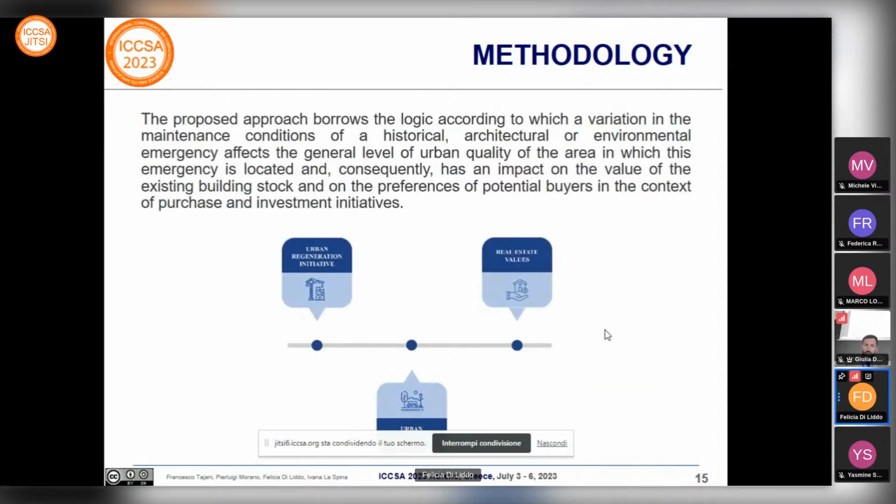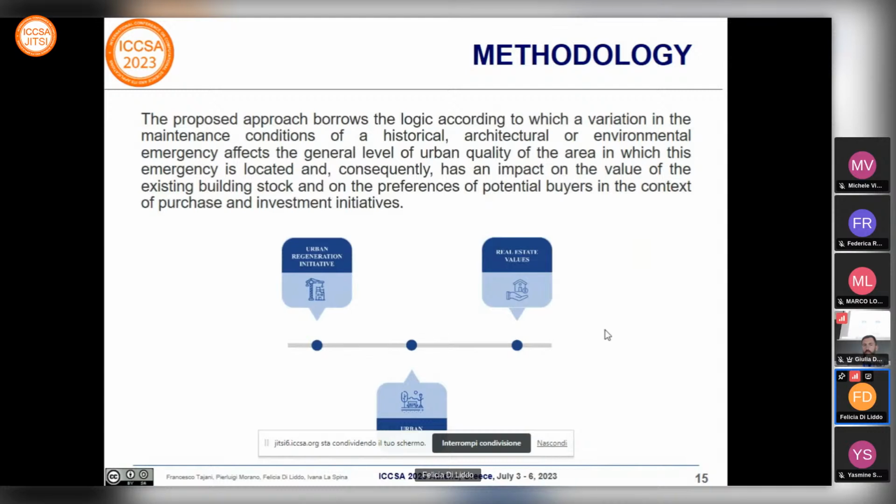The proposed approach borrows the logic according to which a variation in the conservative condition of a historical, architectural, or environmental emergency affects the general level of urban quality of the area in which the pole is located and has an impact on the value of the existing building stock and on the preferences of the potential buyers in the context of sale and investment initiatives.